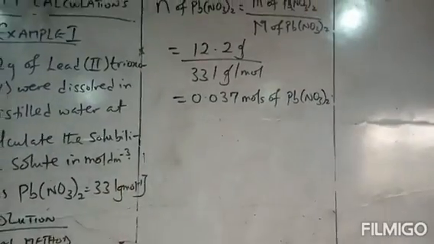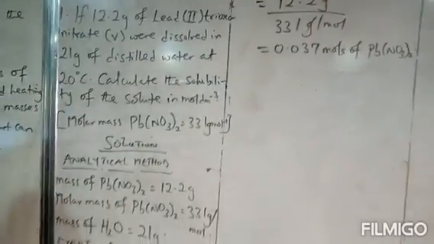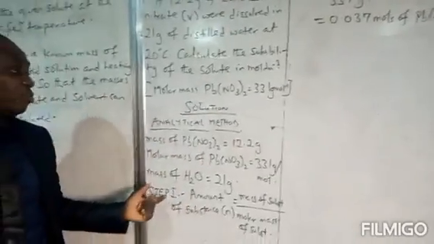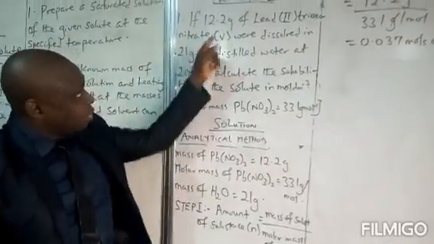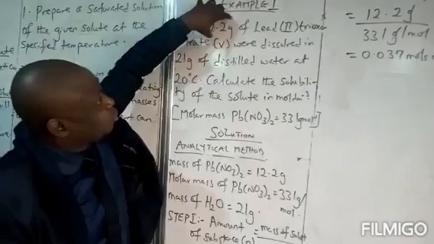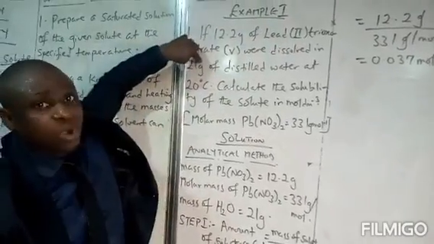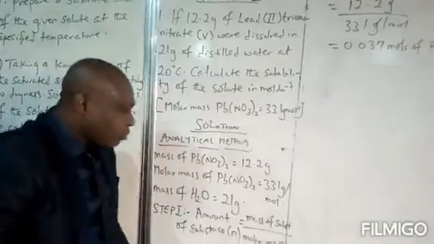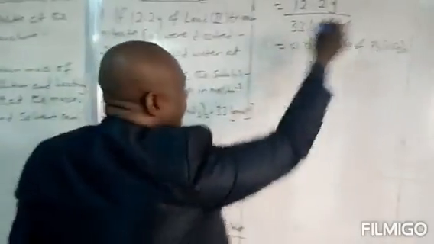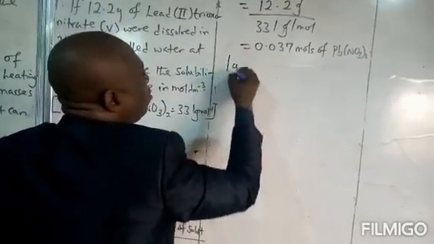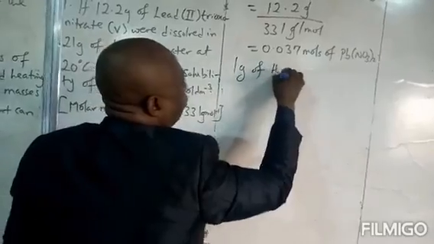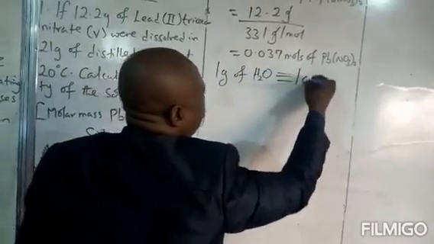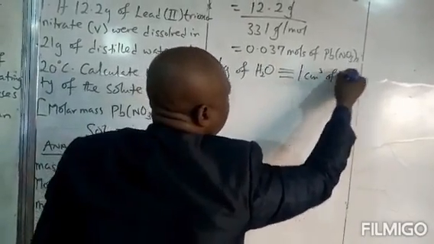Now, I need to explain something first before we move ahead. If you look at the question, the 12.2 grams was dissolved in 21 grams of distilled water. In chemistry, 1 gram of water is equivalent to 1 cubic centimeter of water.